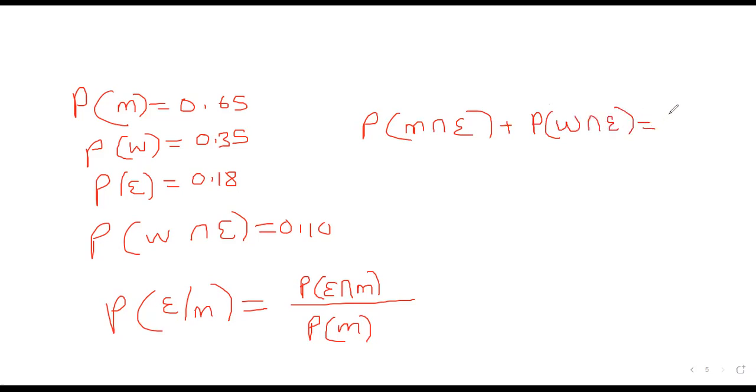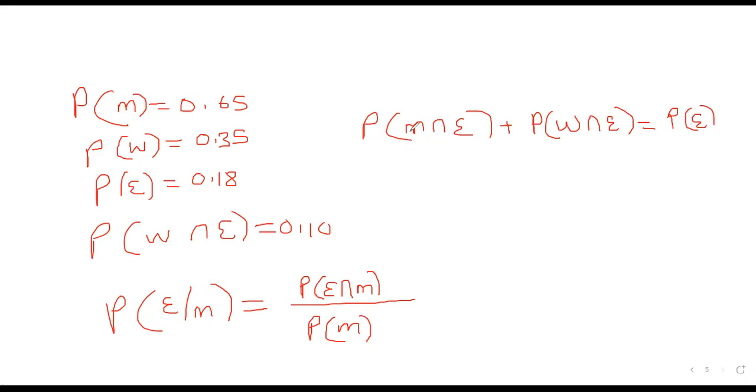This is theorem 1. The common letter here is E. So the probability that a man and extends plus the probability of a woman and extends should be equal to the probability of having an extension.